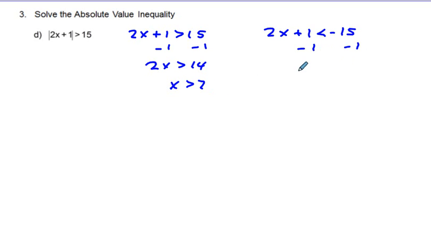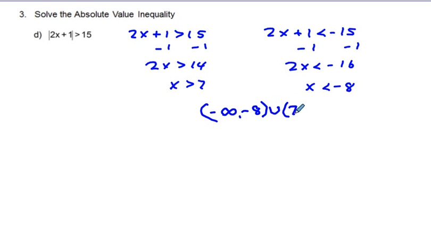And then we have 2x is less than negative 16, so x is less than negative 8. And so we have here in interval notation negative infinity, comma, negative 8, union, we have 7, comma, infinity. So that's going to be it.